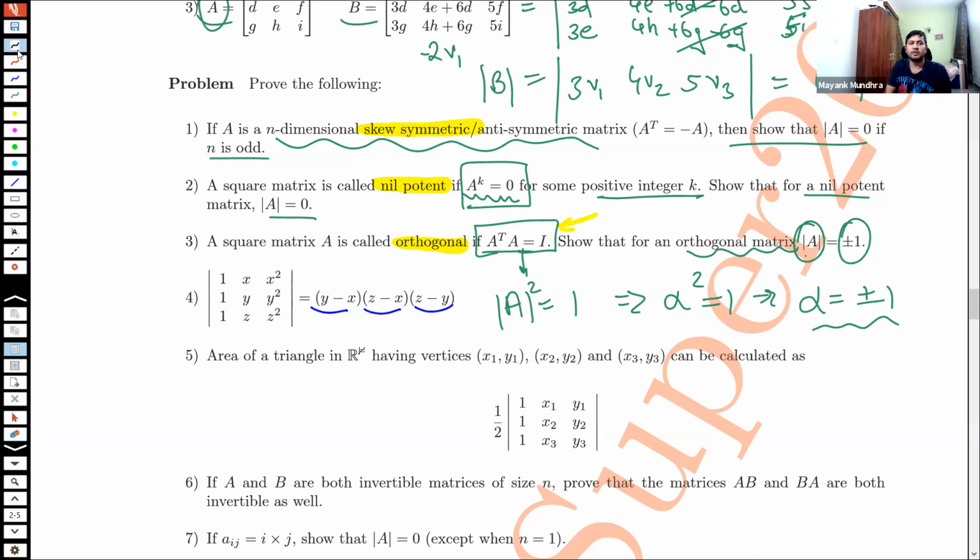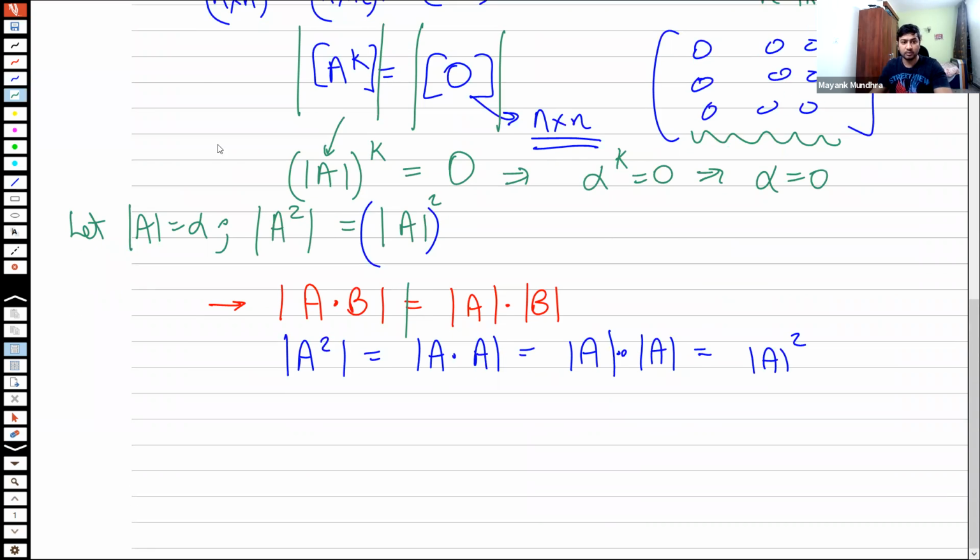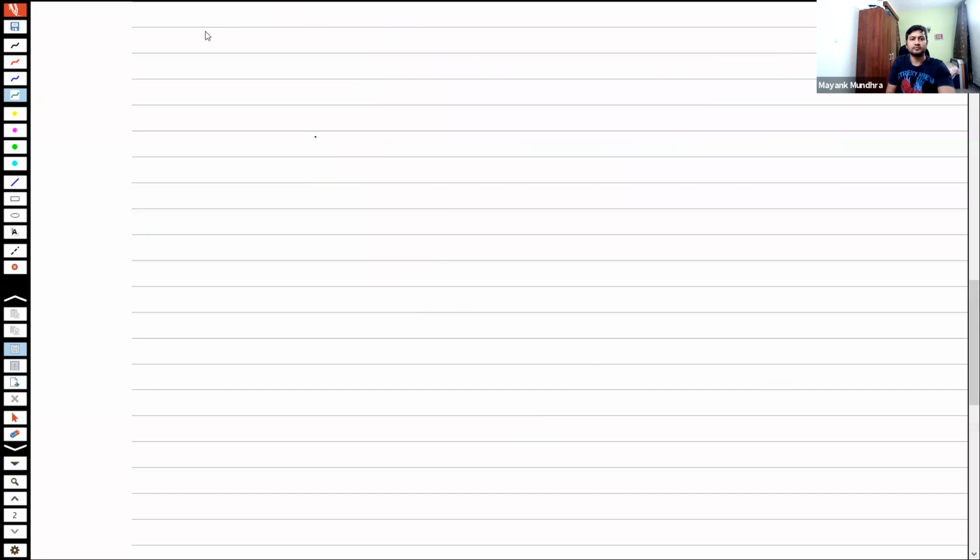Another way to do this would be to convert this into a triangular matrix using Gaussian elimination. If I'm doing row operations, then my final matrix's determinant value should remain the same. So let's try that technique because that's something new. The other technique you already know from high school, so there's nothing new there.